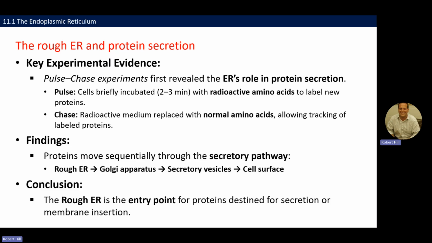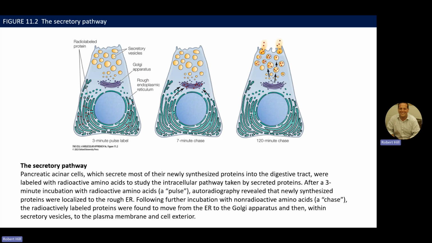They found that it travels along this secretory pathway where things originate in the rough ER, they travel to the Golgi, and they leave the trans-Golgi network, which we'll talk about, in secretory vesicles that get released into the environment of the cell.